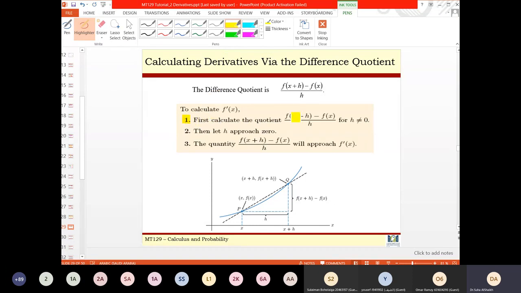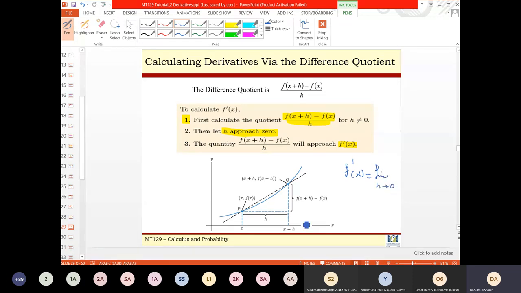First of all, we find f of (x plus h) minus f of x, over h. The second step, we let h approach 0, which means we find the limit of this quantity when h goes to 0. The limit when h goes to 0 will give me my f dash of x. So we say f dash of x is equal to a limit. Do you remember the limit?